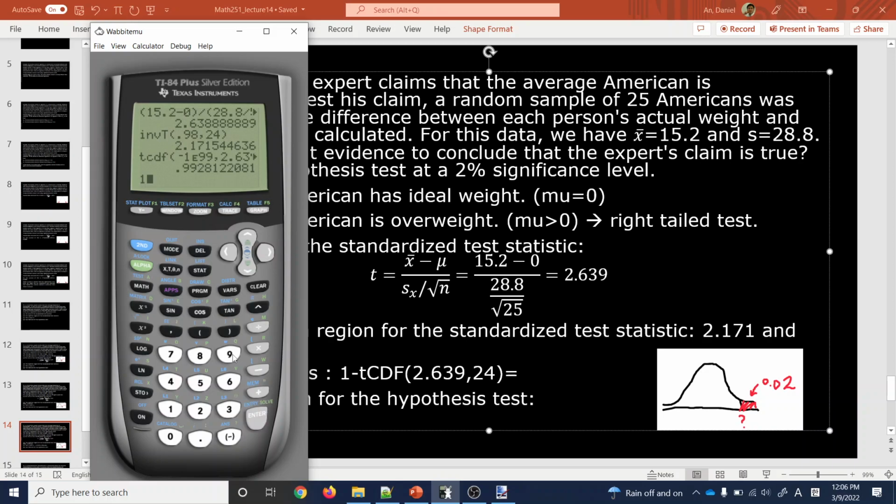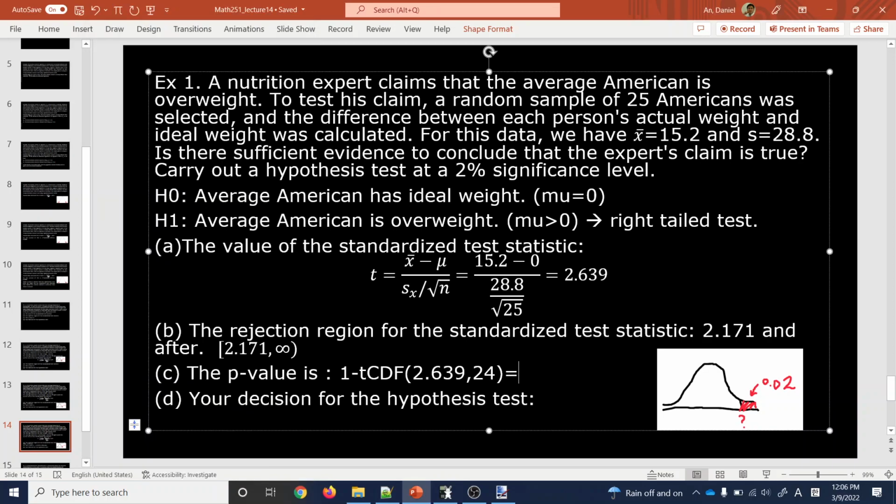So you do 1 minus 0.9928, and that gives you 0.0072. So that's your p-value.